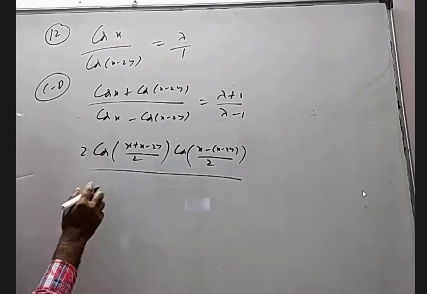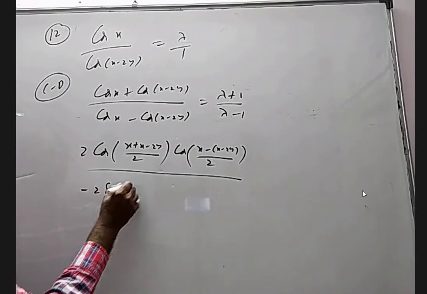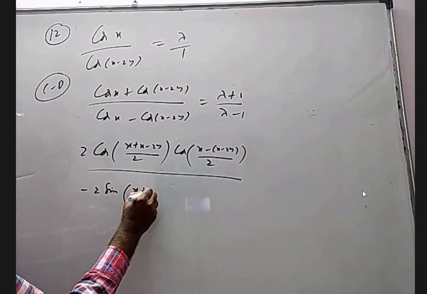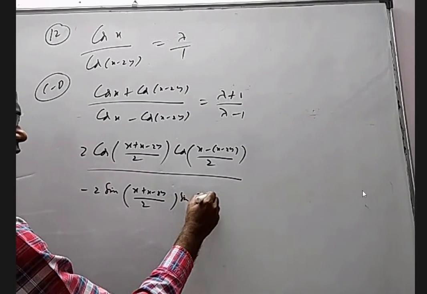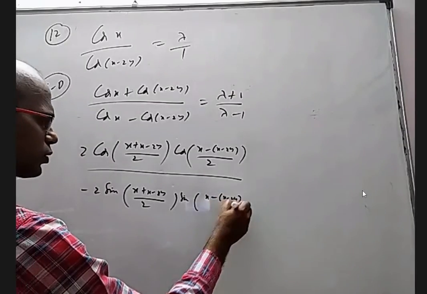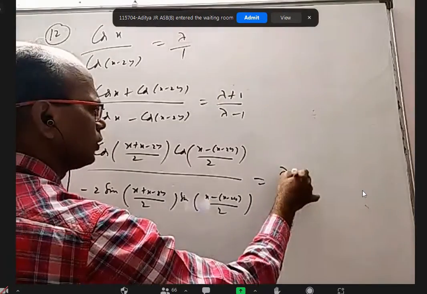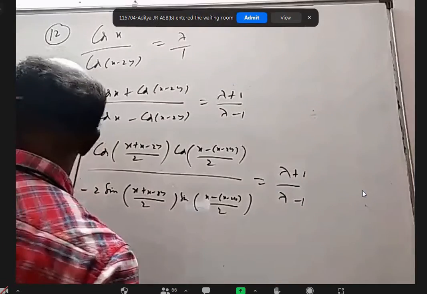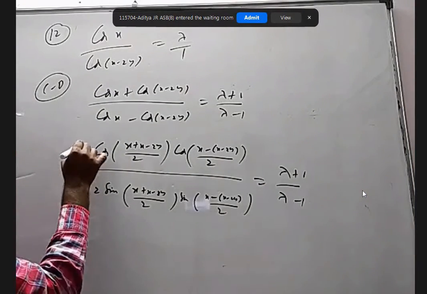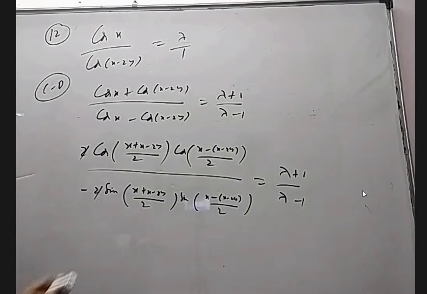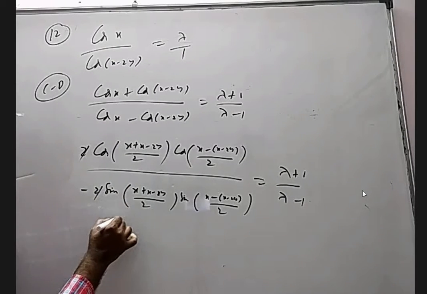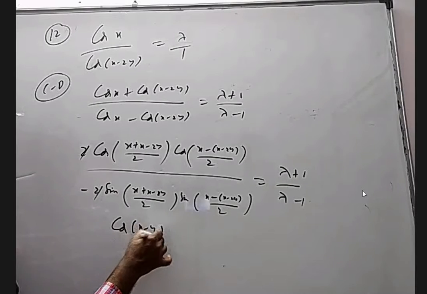Cos C minus cos D is minus 2 sin((C plus D)/2), (x plus x minus 2y)/2, and sin((C minus D)/2) of (x minus x plus 2y)/2, equals (lambda plus 1) by (lambda minus 1). You can cancel 2 here. This is (2x minus 2y)/2, which is cos(x minus y).